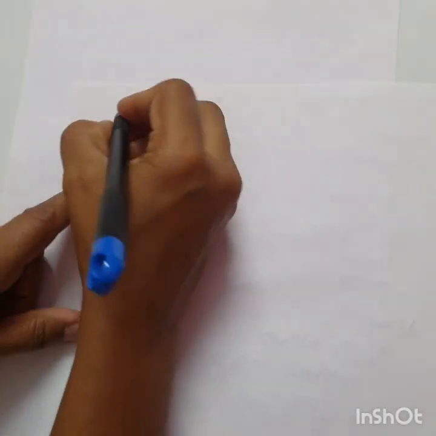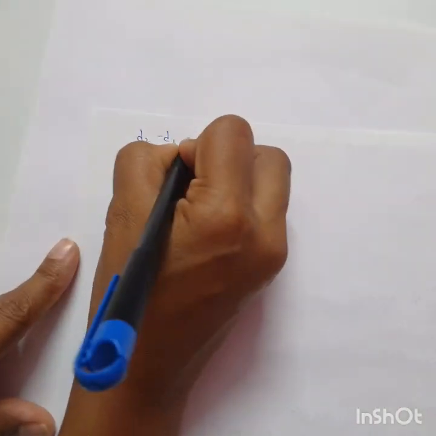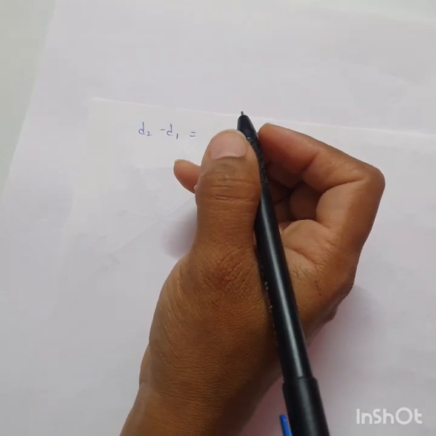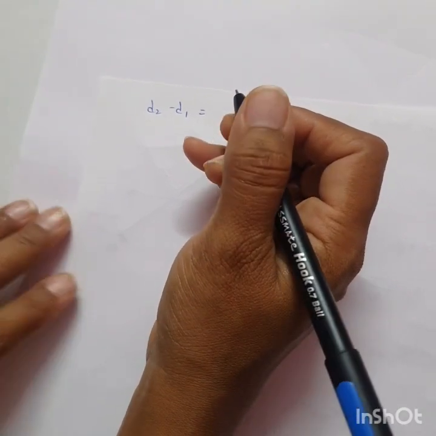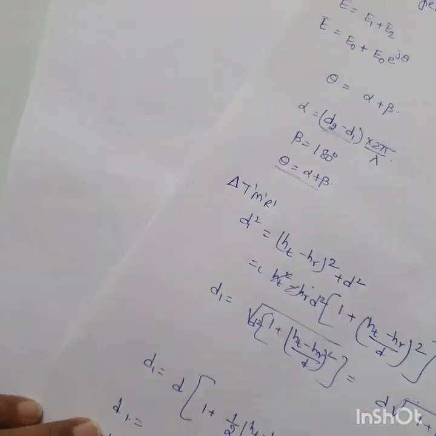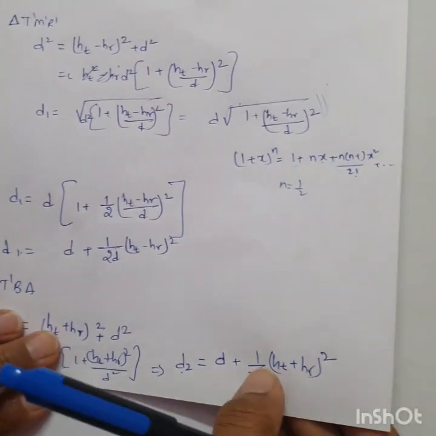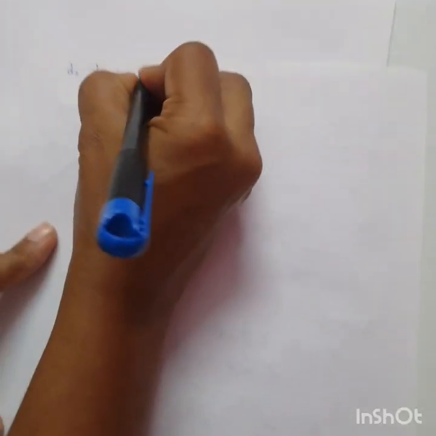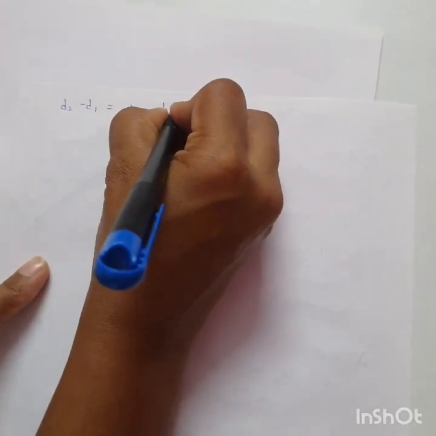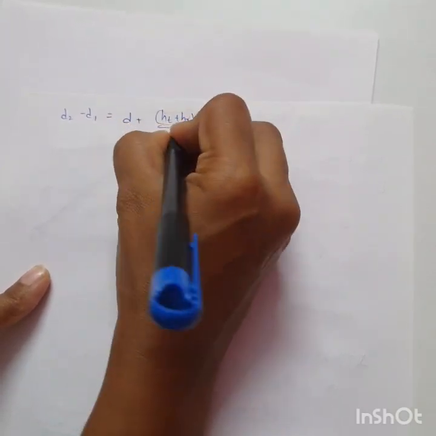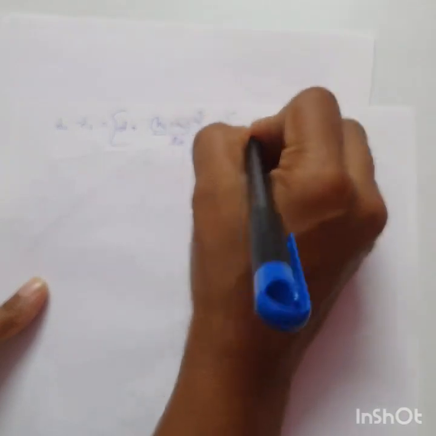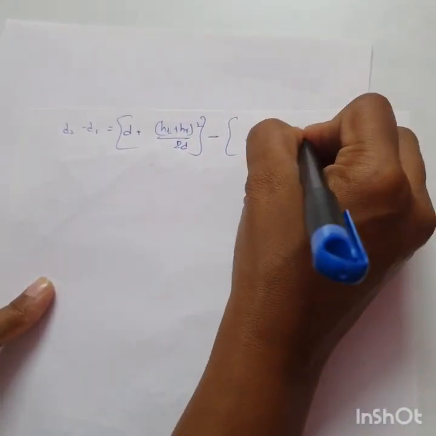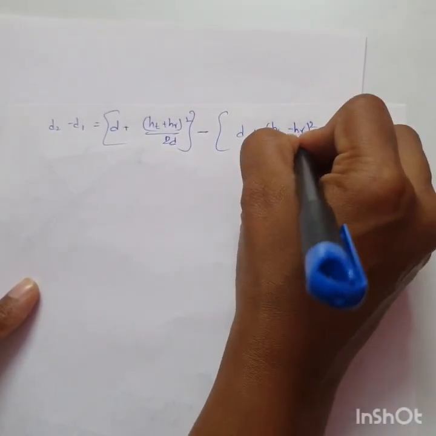D2 minus D1 is D plus HT plus HR whole square by 2D minus D plus HT minus HR whole square by 2D.